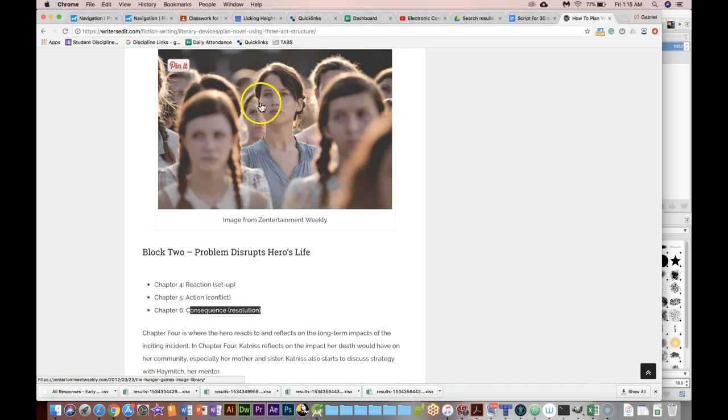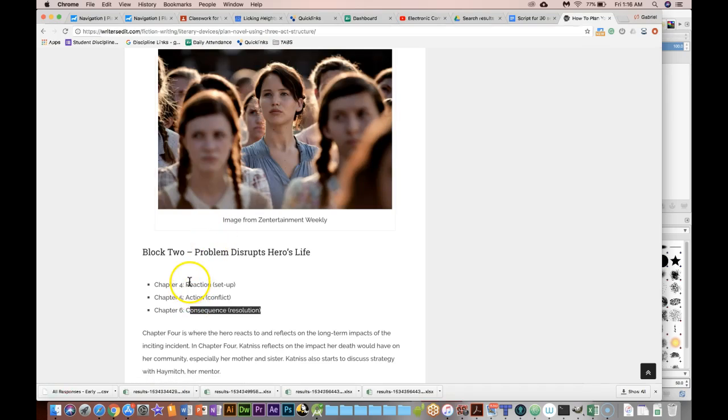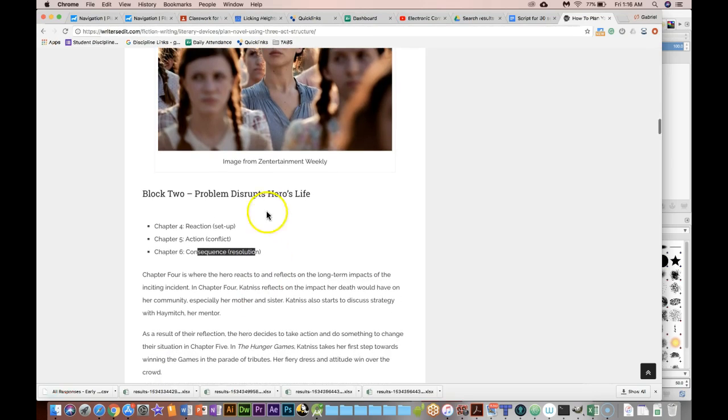It looked like she had a crush on that guy. But then her sister, Primrose, gets picked to play in the Hunger Games. Her reaction was shock and terror. She reacted by volunteering as tribute, and then she has to deal with those consequences. So that's the problem that disrupts her normal state.